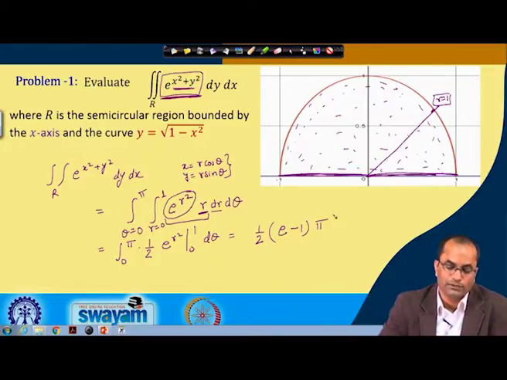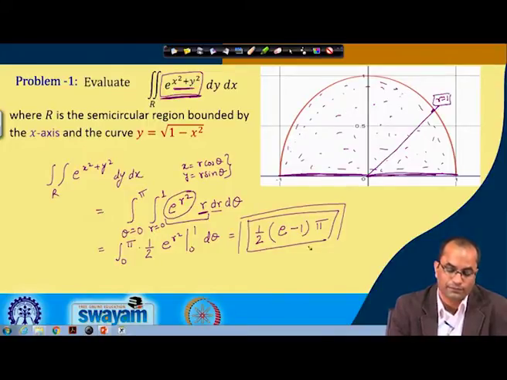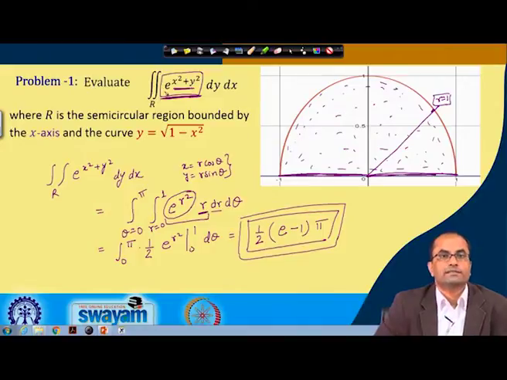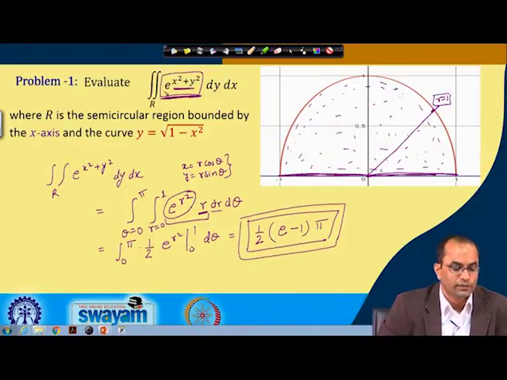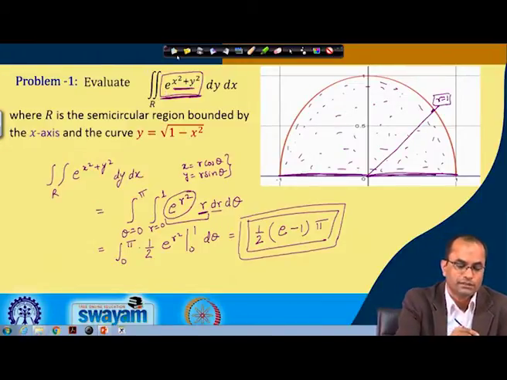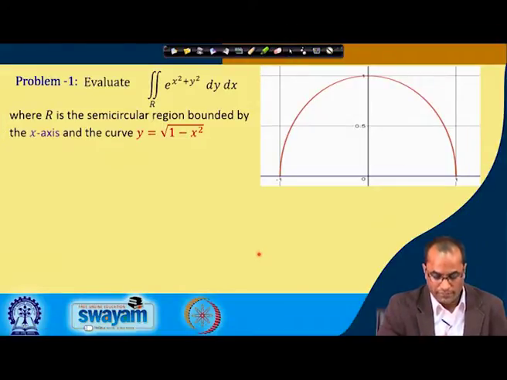So, it will be pi by 2 times e minus 1, that is the value of the integral of e power x square plus y square dy dx. So, again using polar coordinates, this is much simpler to evaluate.